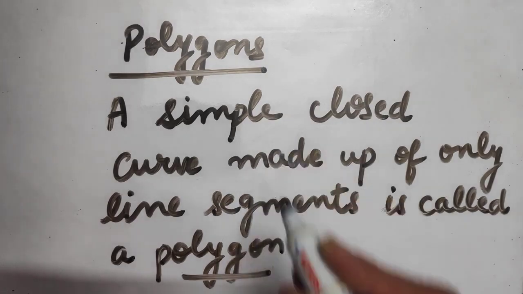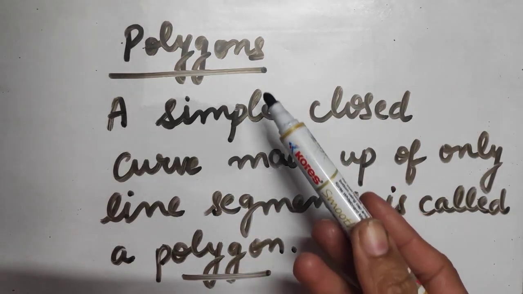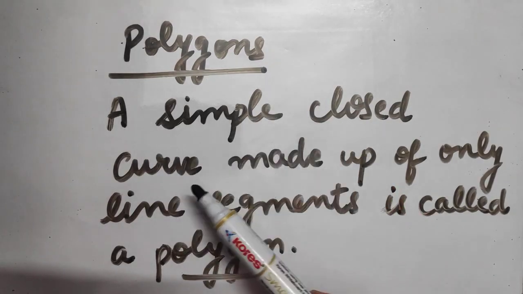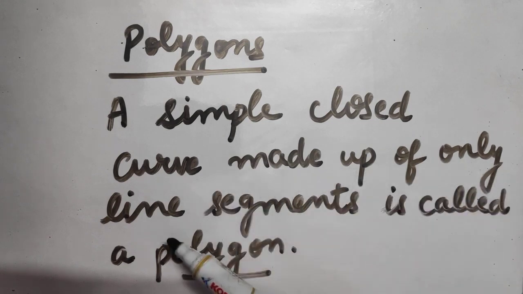So how will you define a polygon, or what are polygons? A simple closed curve made up of only line segments is called a polygon.